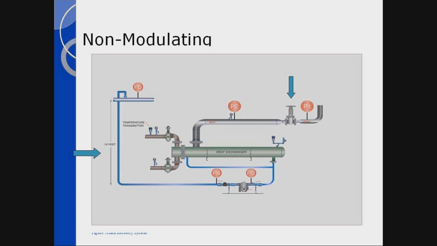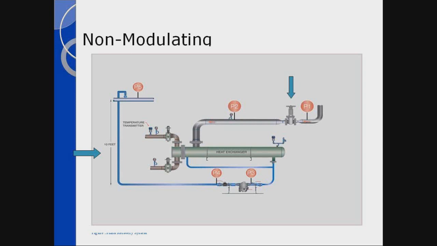Here's another example. If you look at the upper right-hand corner of this slide, you will see another arrow pointed down. Again, this is an on-off valve. There's no modulation to the process. We have full line pressure going to the heat exchanger. Down at P3, P4, constant pressure differential across the drain device, be it a steam trap or control valve.